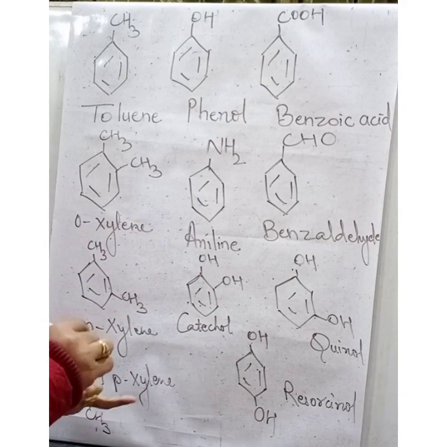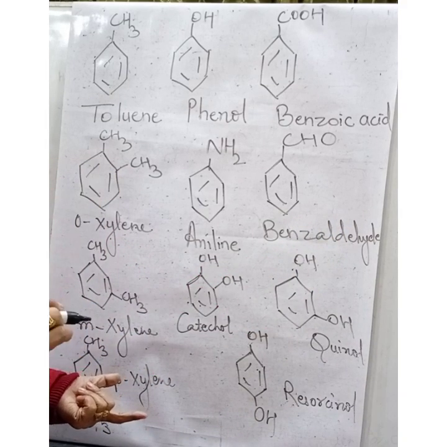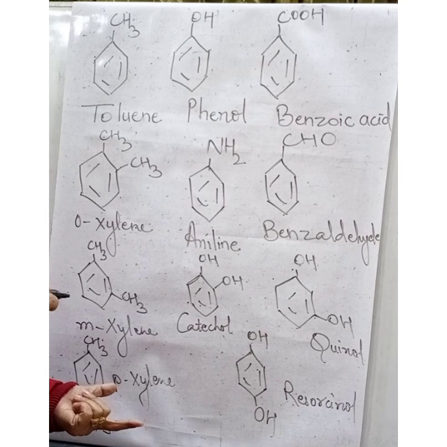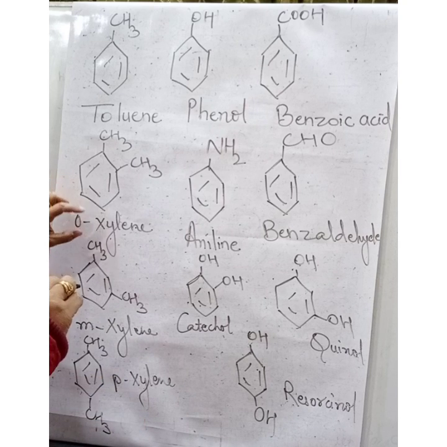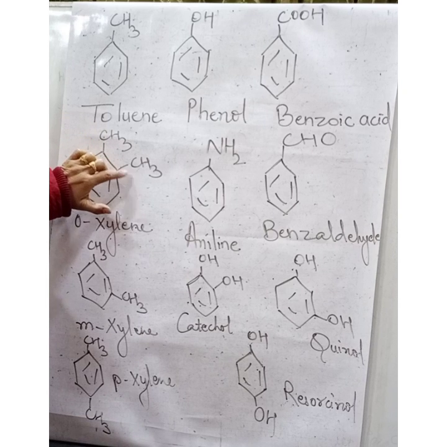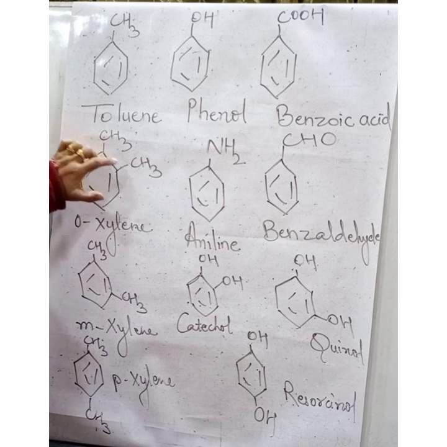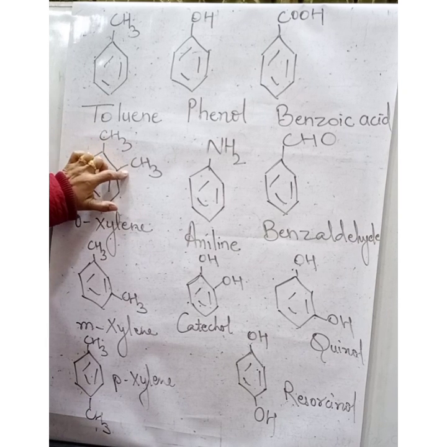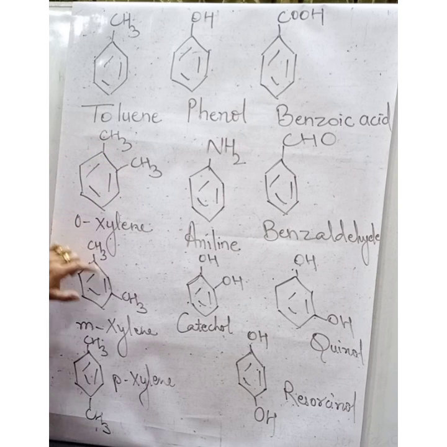And we have already seen that in the case of disubstituted benzene compounds, with respect to the first substituent, if the other one is present at position number 2, the 1 and 2 position is called the ortho position, the 1 and 3 position is called the meta position, and the 1 and 4 position is called the para position.